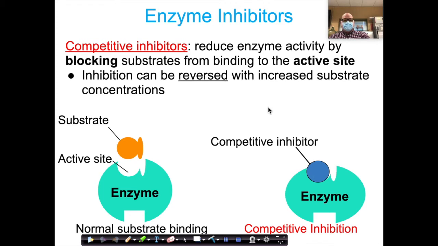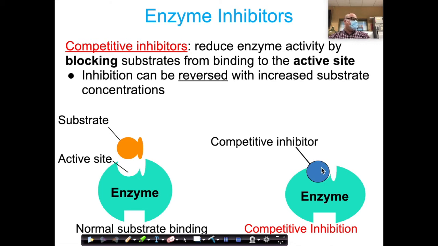Now, how do you make this problem go away? You put more substrate in there. Let's pretend you had a bowl of goldfish crackers and you were picking them out and eating them, and I went and put a bunch of blue Skittles in there. Those don't mix very well.